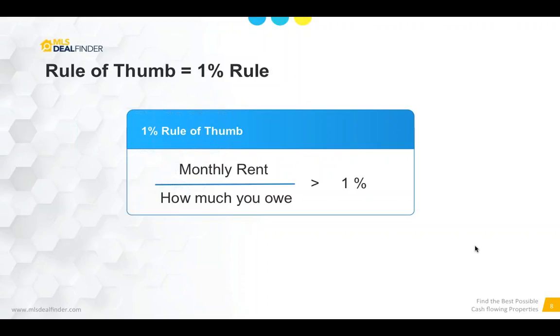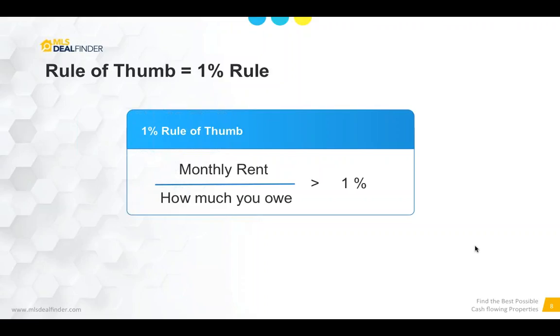Again, that's just a general rule of thumb. For those who are a little more advanced, you will understand that if your interest rate is higher, you're going to need to look for something that's more than 1%. Or if your interest rate is lower than anybody else's, you can look for something that's less than 1%. But the general rule of thumb is you need to be renting out for more than 1%.